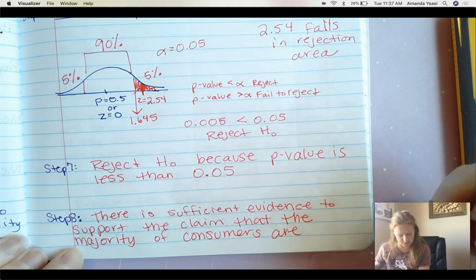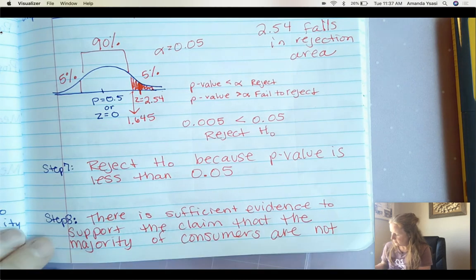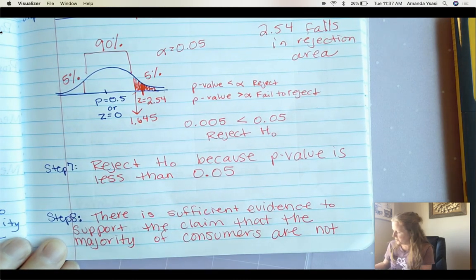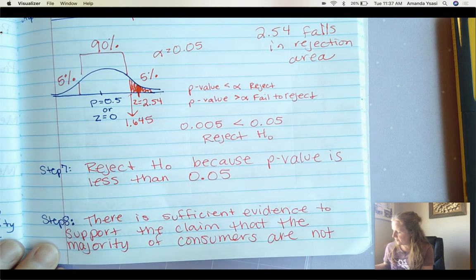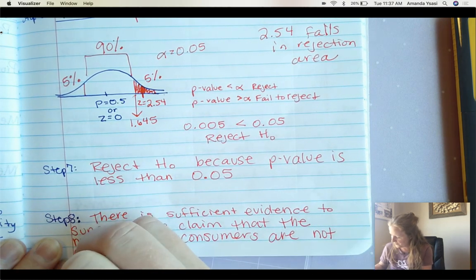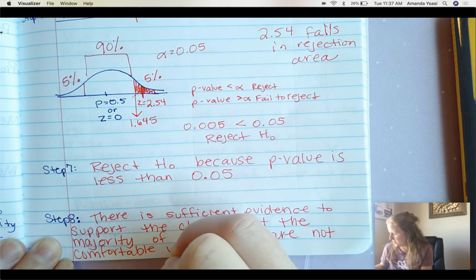Of consumers are not comfortable. The claim was majority of customers are not comfortable with delivery. So we're going to say support the claim that the majority of customers are not comfortable with drone deliveries.